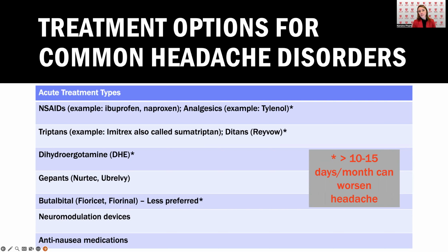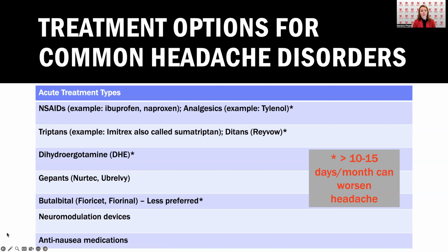These medications are less preferred because they're a little more prone to medication overuse headache, and they have to be withdrawn slowly, safety-wise. And so we prefer some of these other medications that we've mentioned as they're just a little better and a little safer. Neuromodulation devices also can be used for as needed treatment. And then we often use anti-nausea medications too, some to help with nausea, but some also can help with the headache.